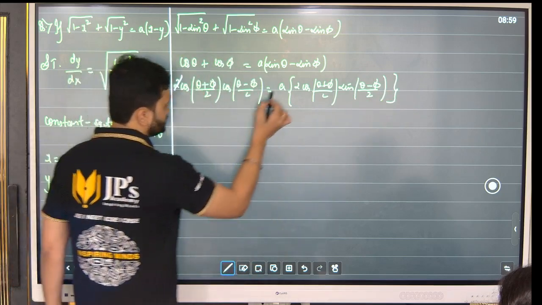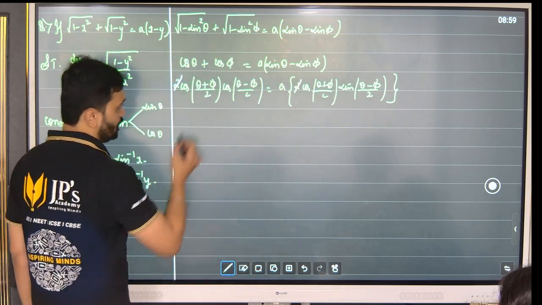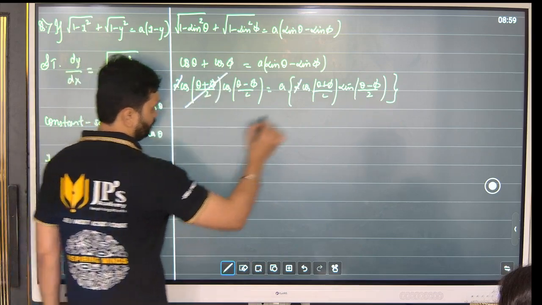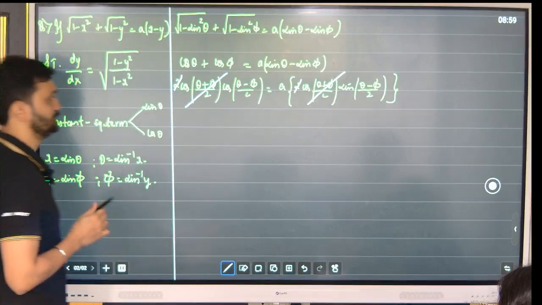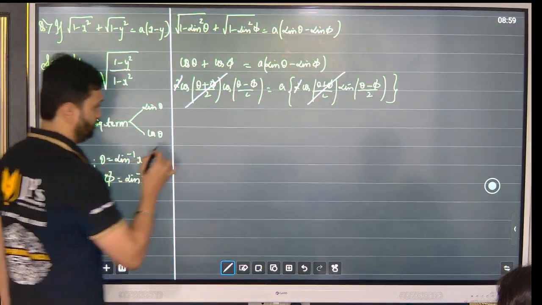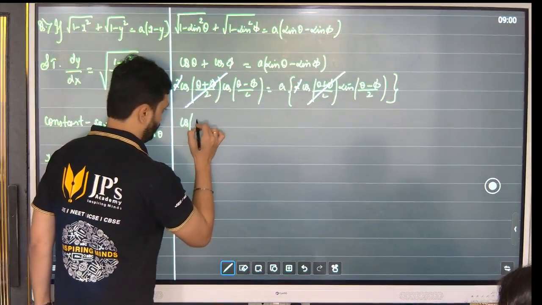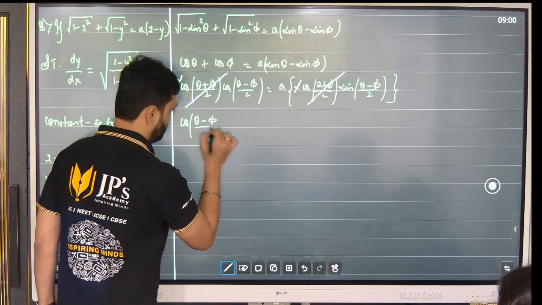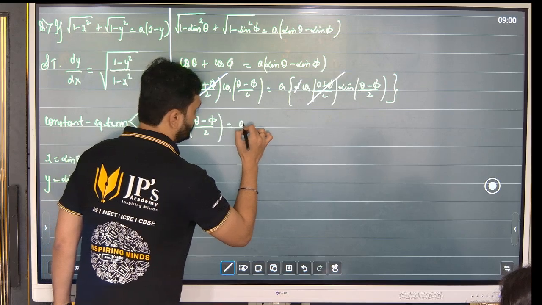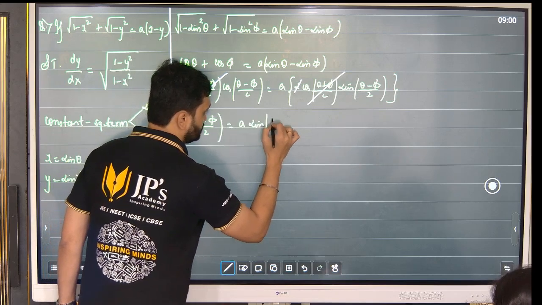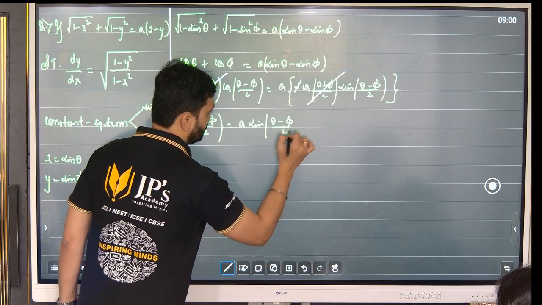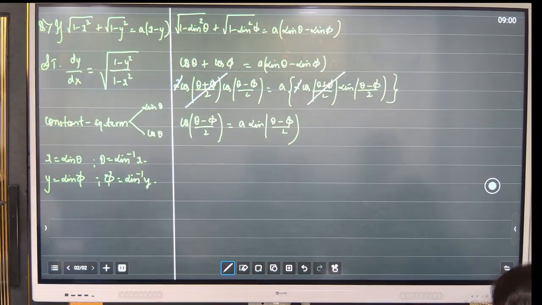This 2 gets cancelled, and cos theta plus phi by 2 gets cancelled on both sides. I'll write down whatever is left: cos theta minus phi by 2 is equal to a sine theta minus phi by 2.